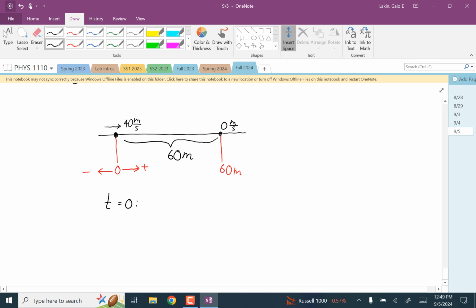Okay? And so the two here that we want to use are the start of the acceleration, because we know the speed there and we know a distance from there. So that's going to be at the start of the acceleration.